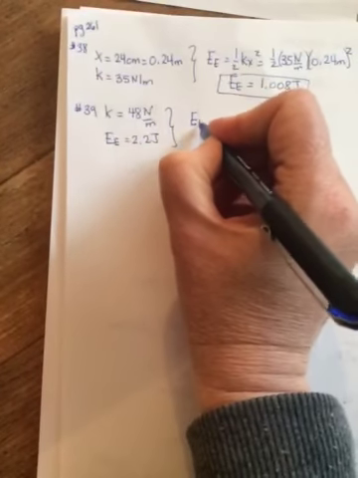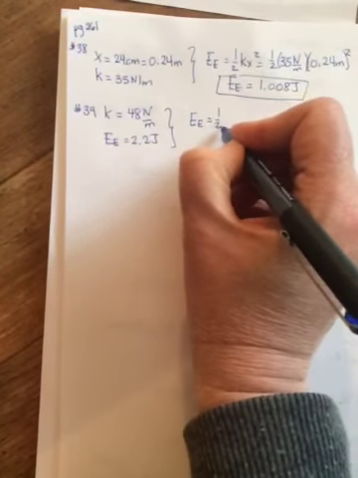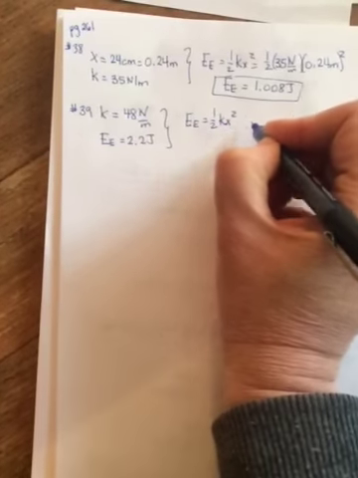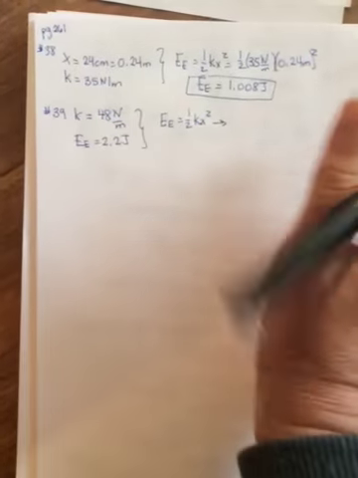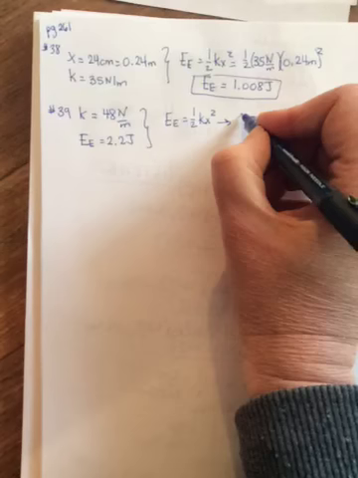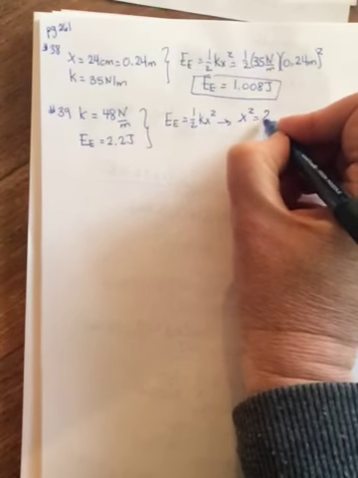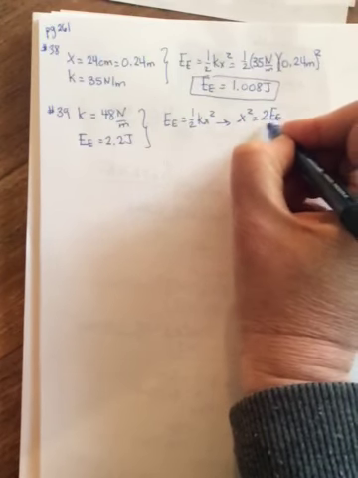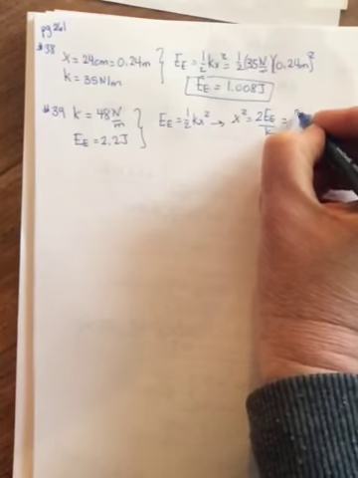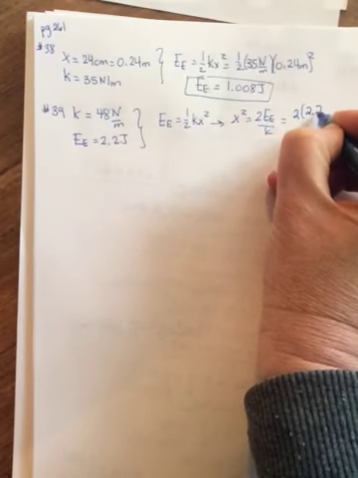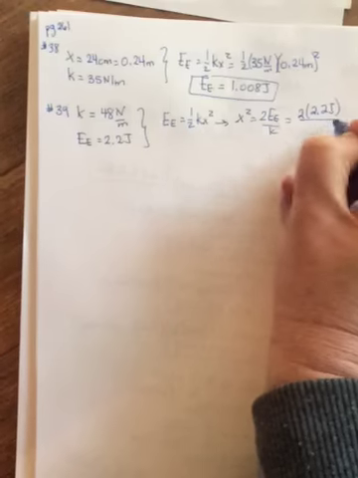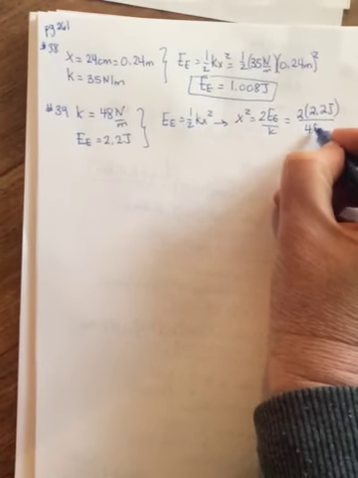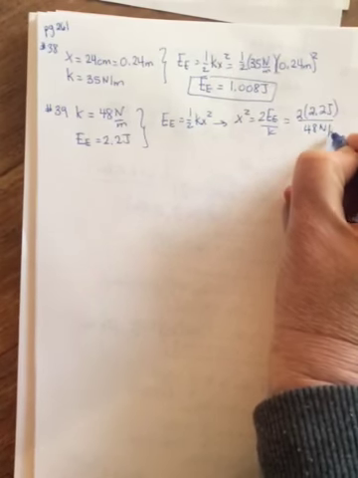So again, EE is equal to 1/2 kx squared, multiply both sides by 2, divide by k. So x squared will equal 2EE over k. So 2 times 2.2 should be about 4.4, divided by 48 newtons per meter.